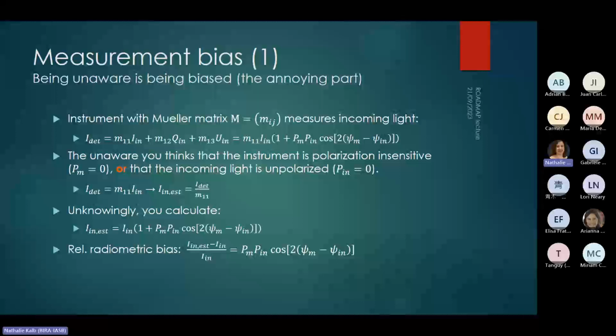It is expressed in terms of the sensitivity to polarization of the instrument times the degree of polarization of the incoming light times a cosine of the angle between the incoming polarization and the maximum sensitivity of the instrument. If these two angles are equal, it means that the sensitivity is aligned with the incoming polarization. Okay, so it's 0, and then this thing becomes one.